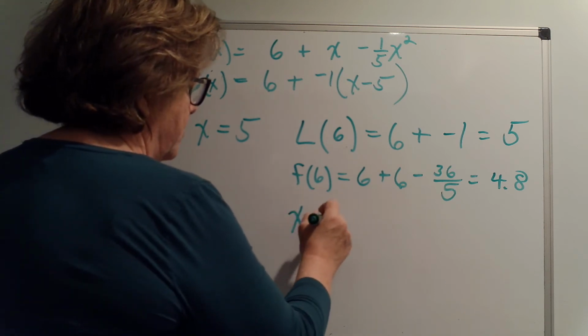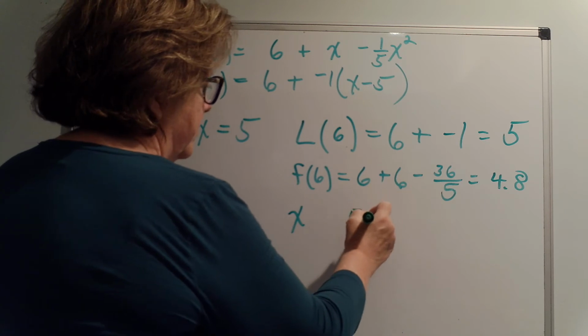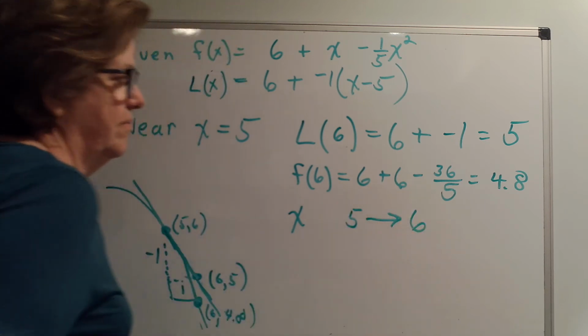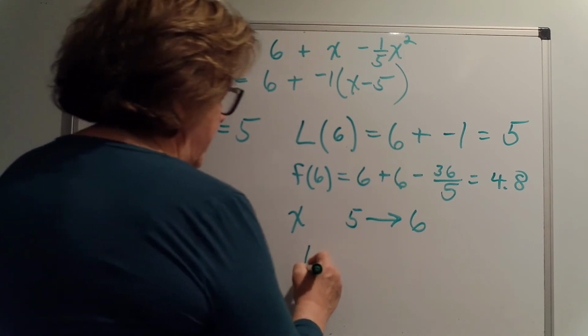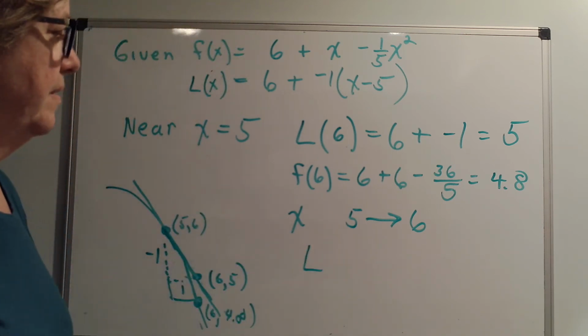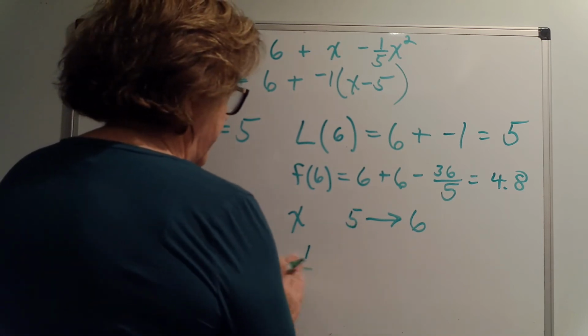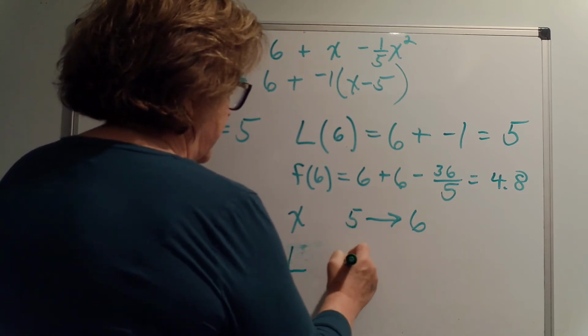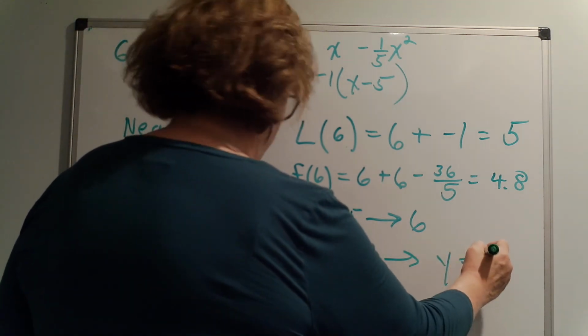When x goes from 5 to 6, the linear approximation took us from y equals 6 to y equals 5.